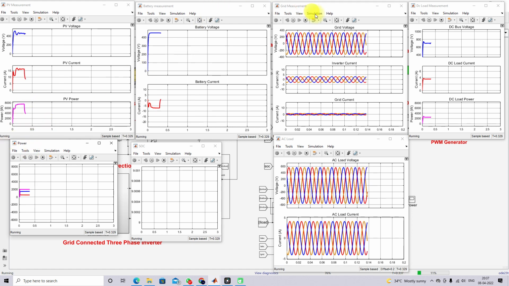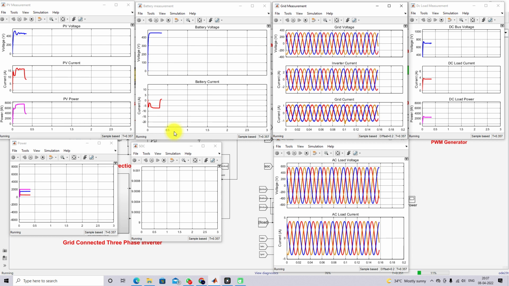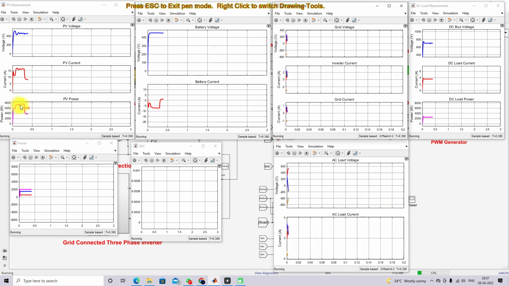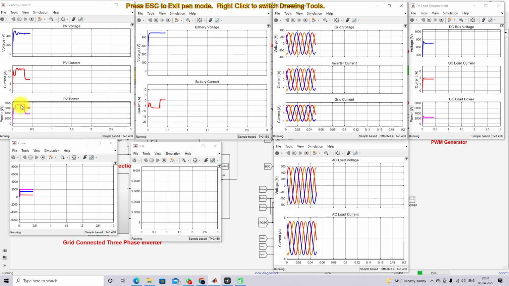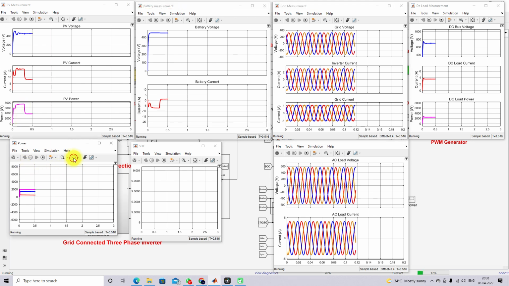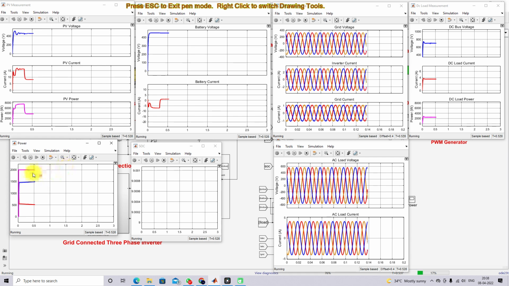So here you can see that initially the PV goes to maximum power because of the incremental conductance MPPT. So it reaches around 7500 watts, and also here you can see the power, right? This is the load power, AC load power.